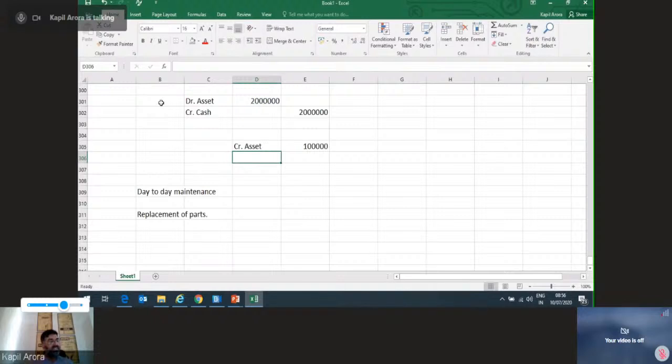But are we getting any money? If I am getting any money, that will be coming in cash or something. But if we are not getting any money, let's say that machinery is completely gone, that machinery is of no use, then it is loss on asset. So loss on asset debit, which will go to profit and loss account if we don't get any money. If we get any money, that will become cash. So that is how we pass on the accounting entries.